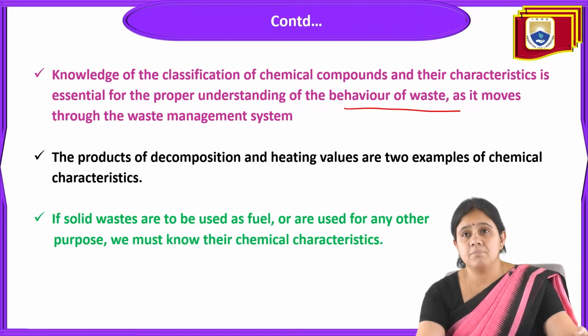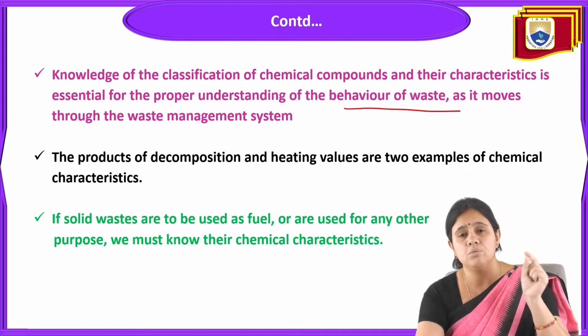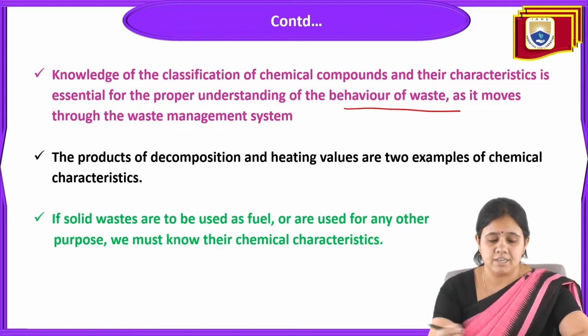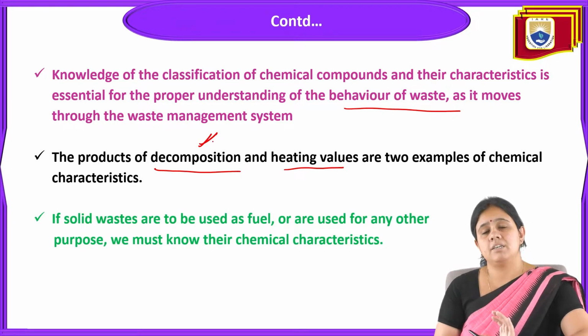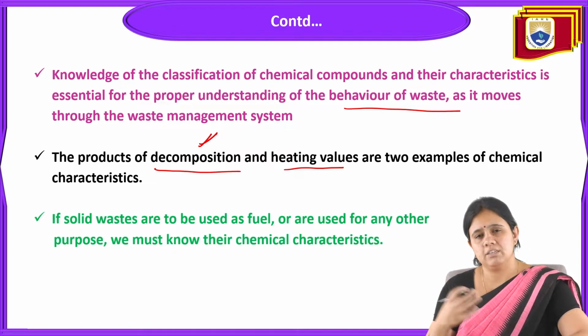The products of decomposition and heating value are two examples of chemical characteristics. So, to know the behavior, two main factors are considered: first is decomposition and second is the heating value. Decomposition tells us the decomposition process of that waste, and heating value tells us how much energy we will get by burning the waste.